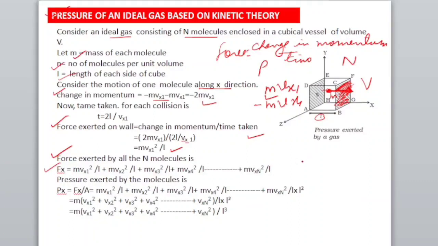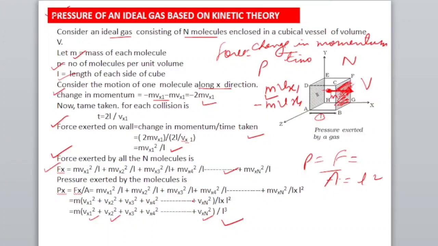And what is the pressure exerted by all these molecules? Pressure is force per unit area. You divide by the area, which is L square. The force due to all the n molecules divided by L square gives m inside the bracket Vx1 square plus Vx2 square, and so on, plus Vxn square, divided by L cube.